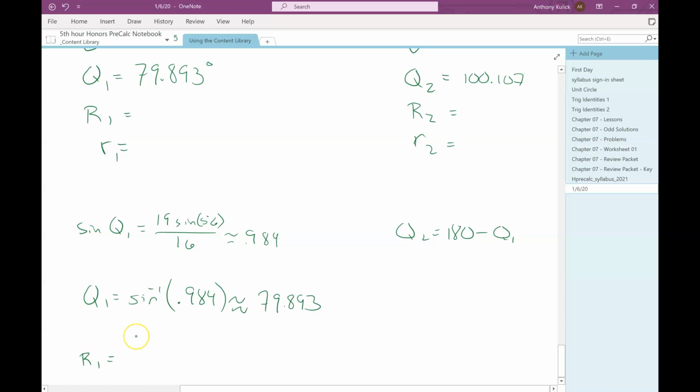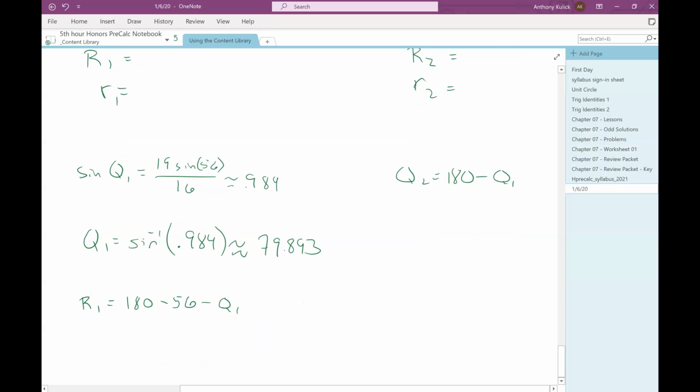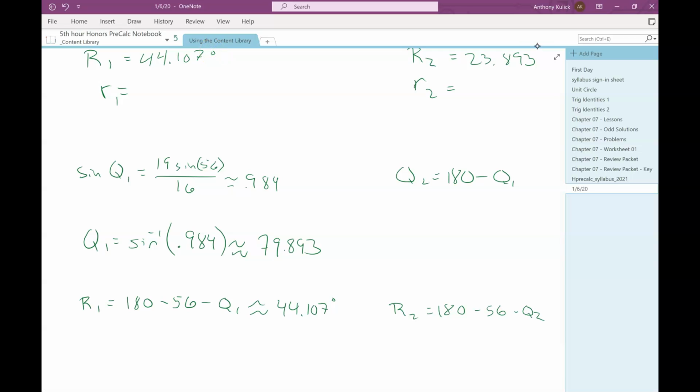Now that I have Q1, R1 is going to be easy to find. And similarly, R2 will be easy to find. So far, so good, everybody?